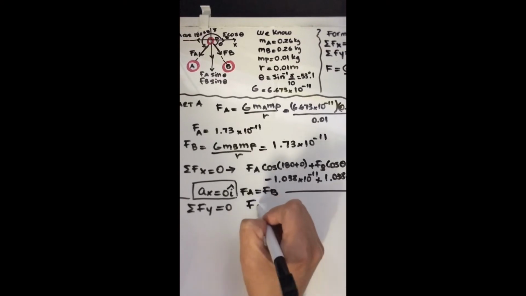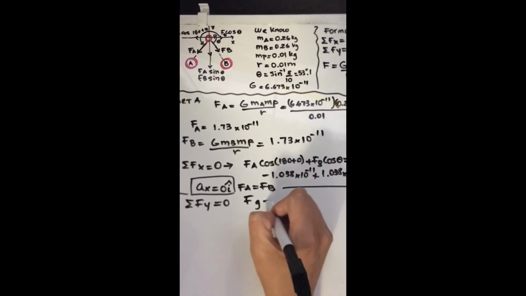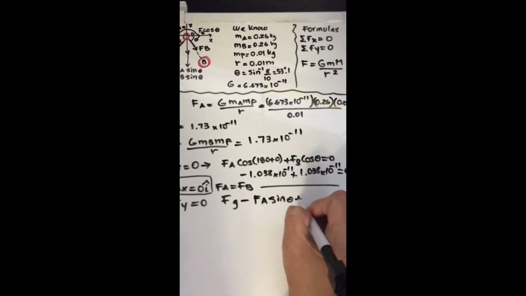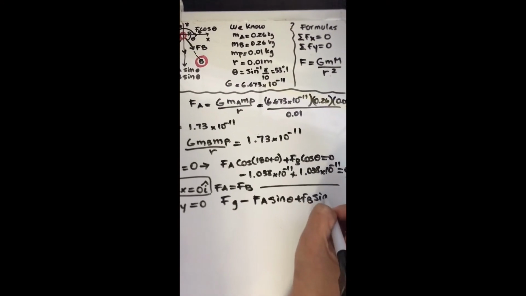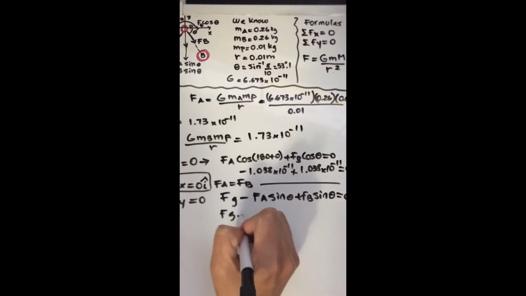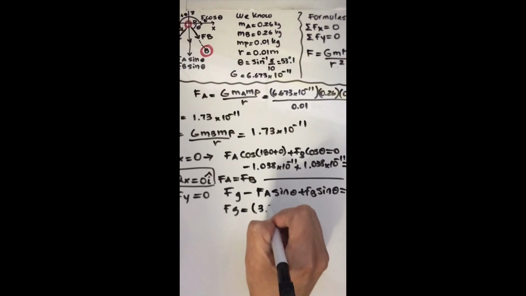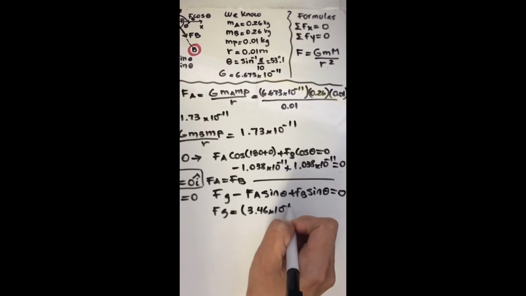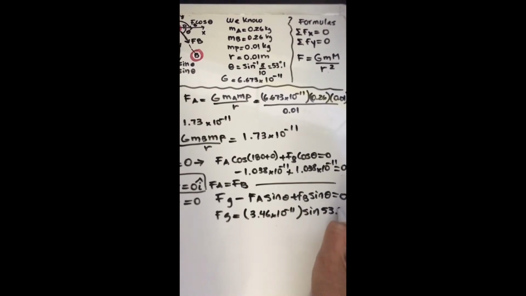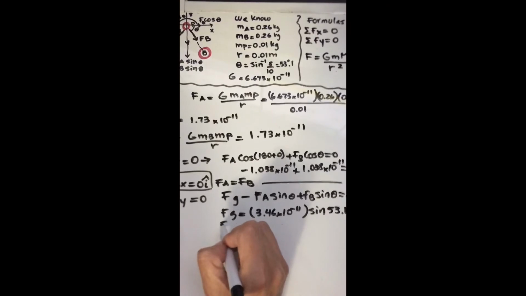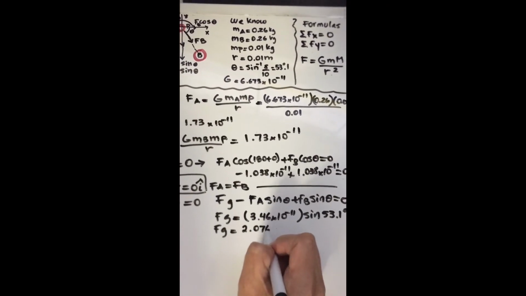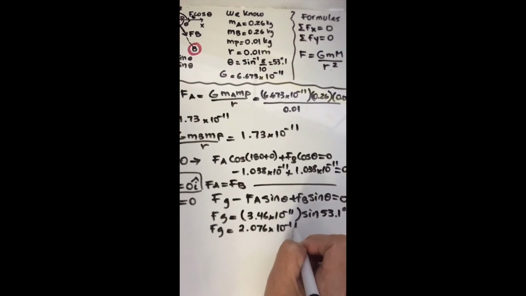The forces in y: we have the force of G minus the force A sine of theta plus force B sine of theta, and that equals 0. For the force of G, we get that this is going to be 3.46 times 10 to the negative 11 times sine of theta, which is 53.1 degrees, and the force of G is equal to 2.076 times 10 to the negative 11.